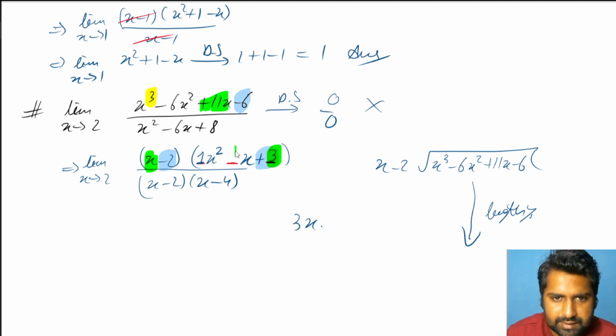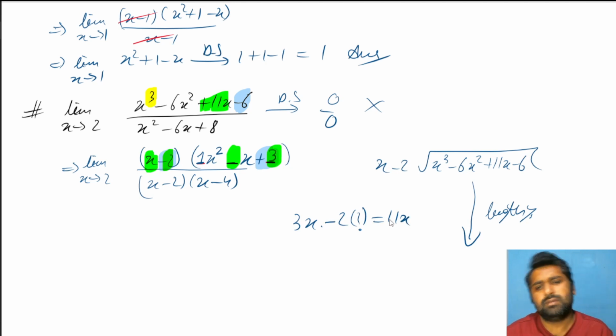If you multiply this one with -2, so -2 into something should be equal to 11x. Think for yourself what it should be.